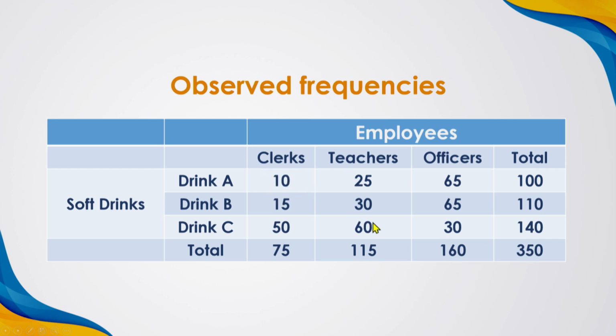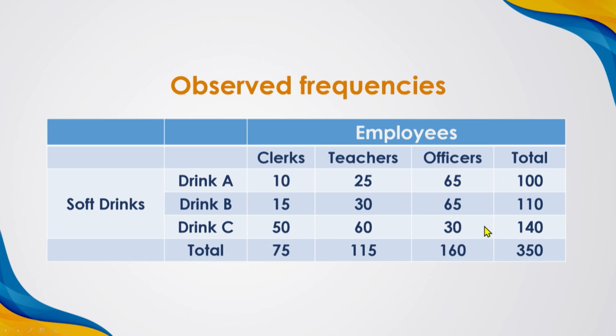Let us suppose I make the example for 60. For 60 the corresponding row total is 140, the corresponding column total is 115 and the grand total is 350. So the expected frequency for this 60 can be calculated as 140 into 115 divided by 350, where you can obtain your expected frequency. I hope you can understand.